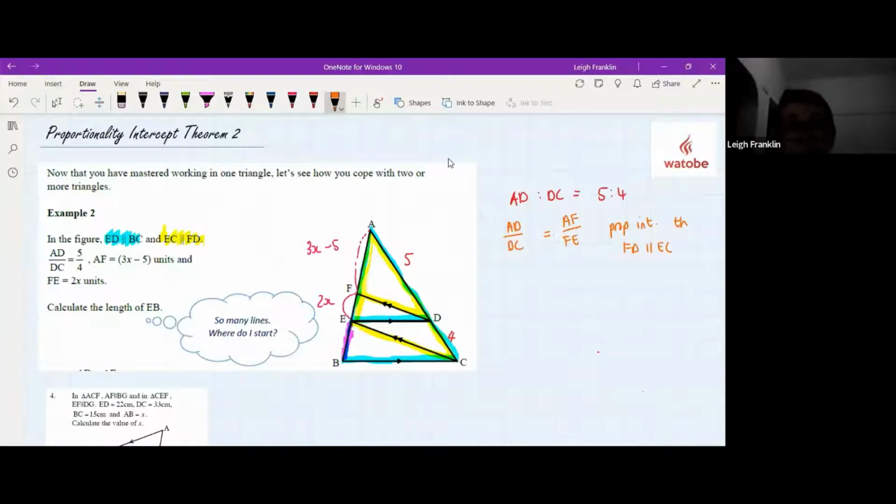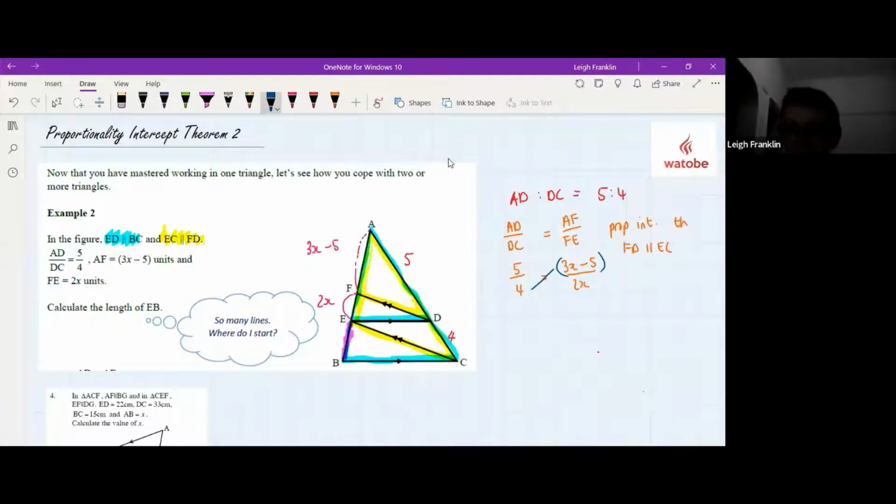Now I'm going to go and substitute in. So AD is 5, DC is 4, AF is 3x minus 5, FE is 2x. Okay, so now I've got a binomial, so that means I need to cross multiply.